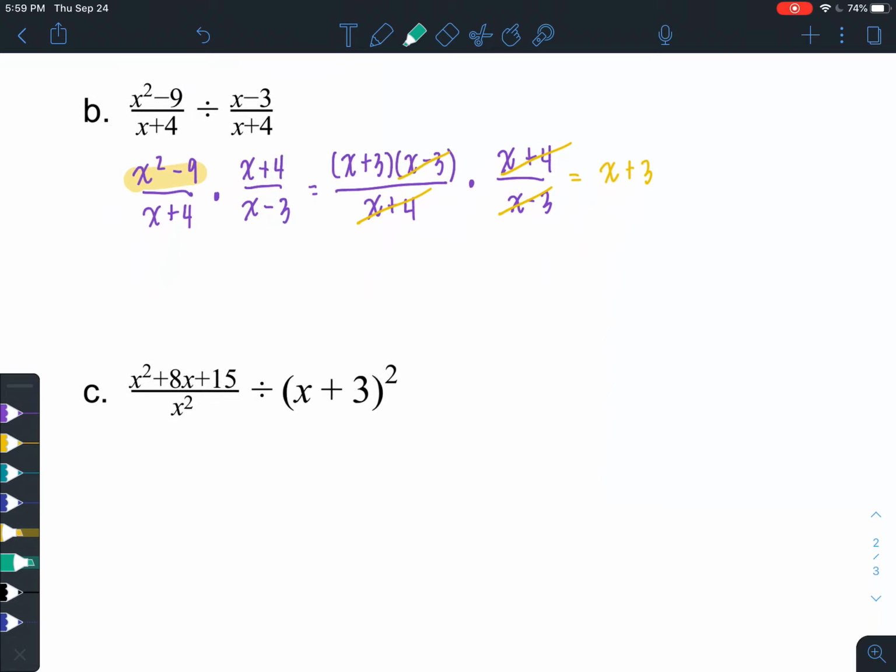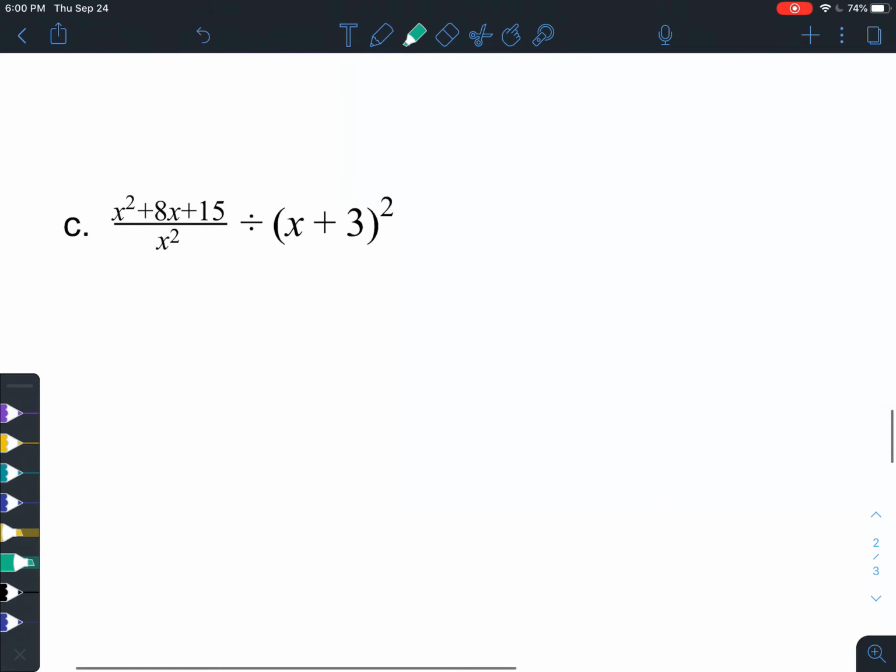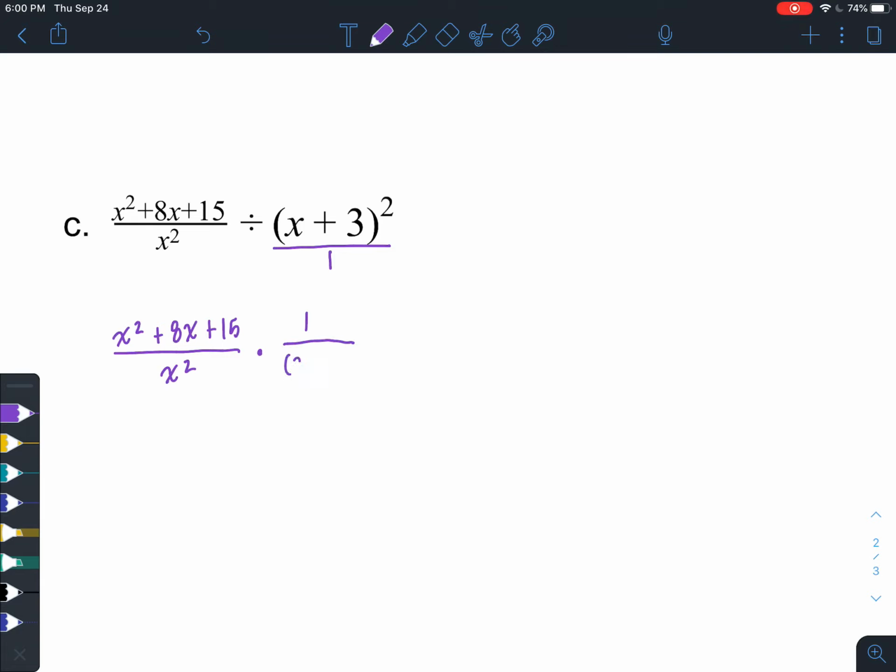All right, so for this last one here, we've got a little bit more to work with. Let's first think of this as (x plus 3) squared over 1. That way, when we flip it, we actually have something to flip. All right, so let's go ahead and factor this here.